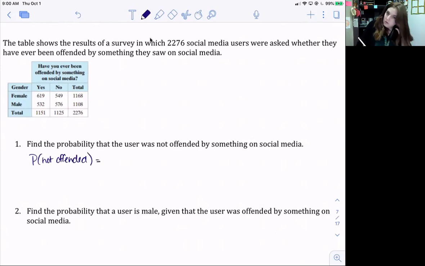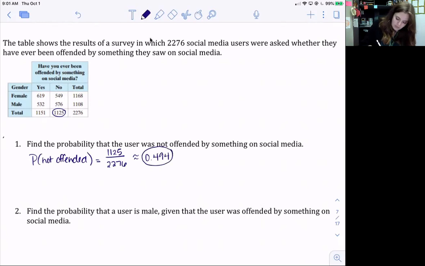Since we're looking at a table, our not offended is the 1,125 out of the 2,276. And if we round that, we get 0.494.